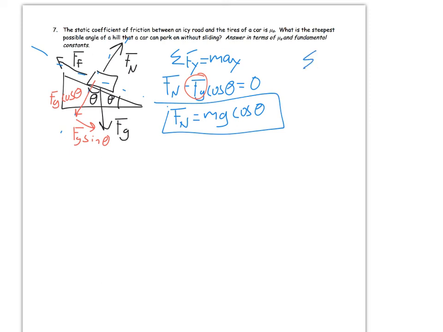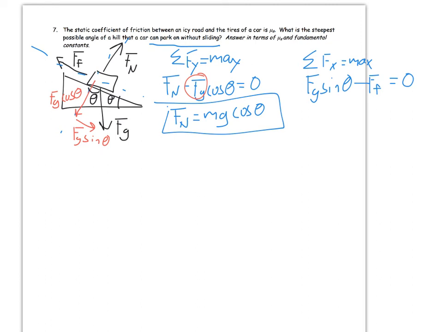Over on my x side, we have Fg sine of theta minus Ff, and we want to know the steepest angle that the car can park without sliding. So that means that my acceleration in the x direction is also 0, right? In the y it was 0 because we're not accelerating relative to the incline. In the x it's 0 because the object's not moving, not sliding at all.